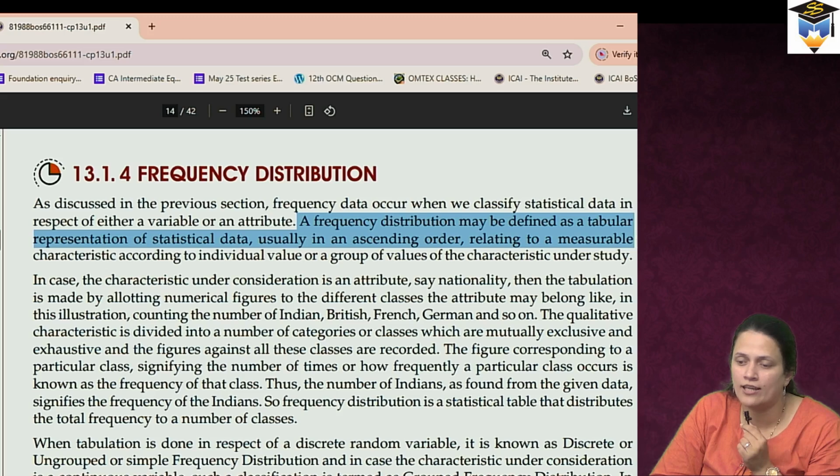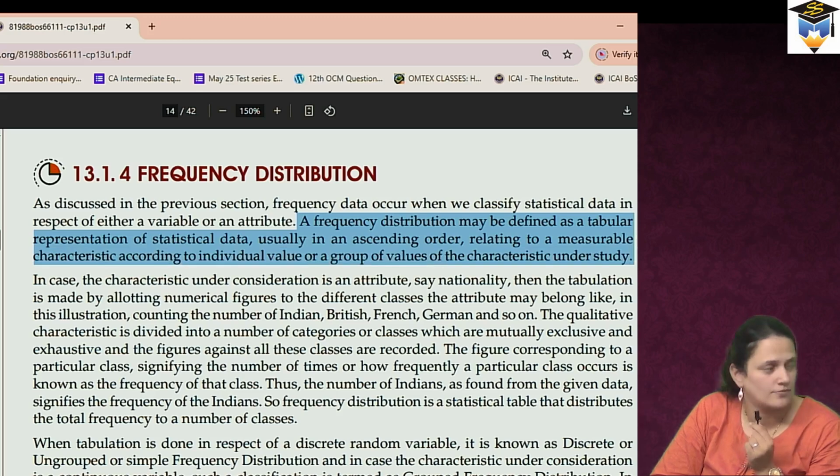See the things which I have marked here. You have to write this down. Is it visible?